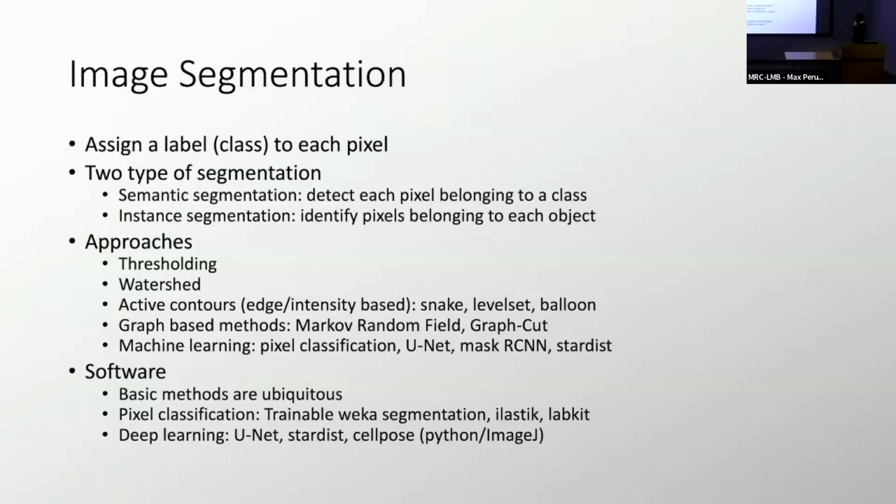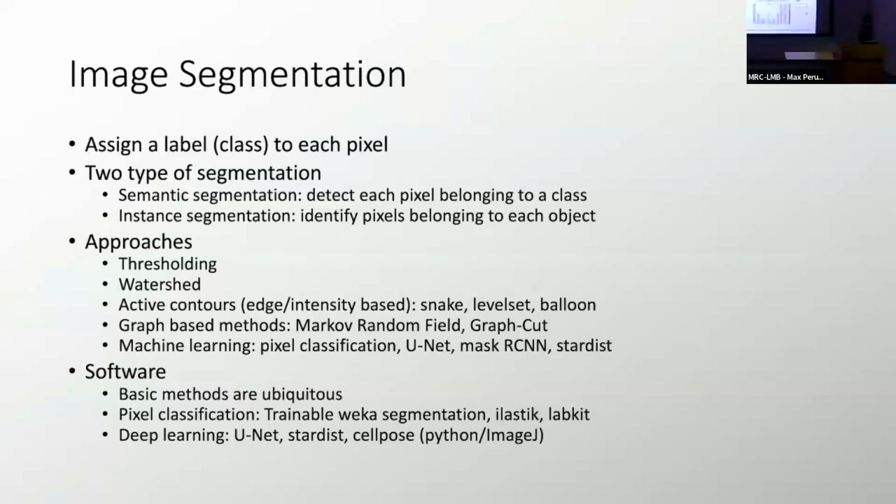They're very accessible. You can do pixel classification using, initially, Weka in Fiji, for example, or Ilastik, and now you also have LabKit in Fiji. And then you can use some deep learning approaches like U-Net, StarDist, Cellpose in Python, or ImageJ for StarDist.